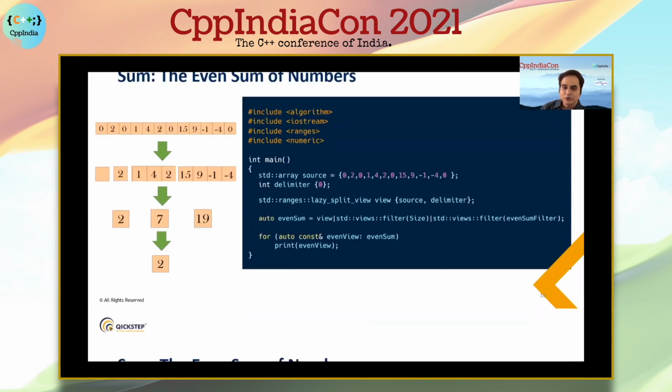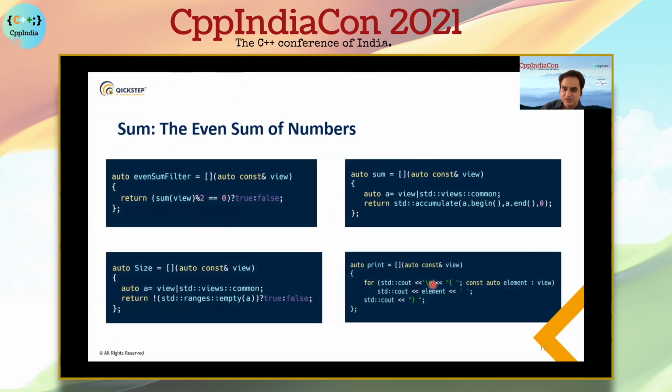So if we look at those filter functions, how will they look? Here we have an even sum filter where we simply call another view, and based on that we check whether the sum of the view is even or not. Whatever view we passed, we converted it to a common range.